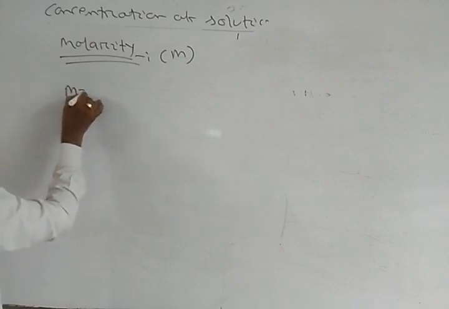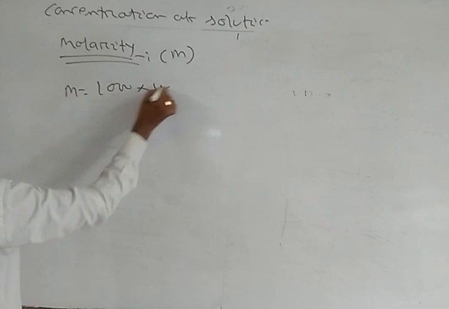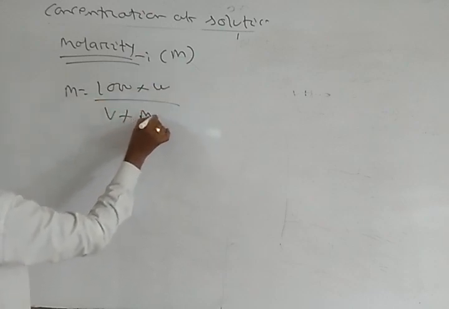Here, M equals 1000 into W by V into molecular mass.